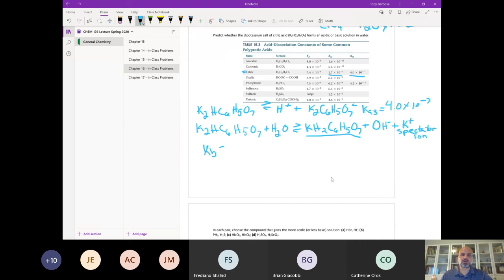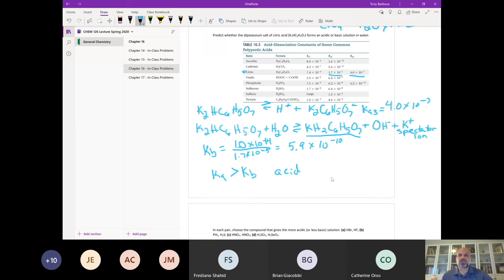The Kb of this equation is equal to the Kw, 1.0 times 10 to the minus 14, divided by the 1.7 times 10 to the minus 5th, which after you do the math gives us 5.9 times 10 to the minus 10. So when you compare the two, you can see that our Ka is greater than our Kb, so therefore this is going to be an acidic solution, acting as an acid in solution.